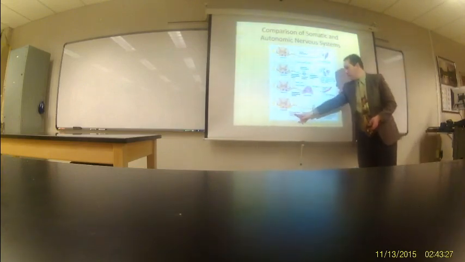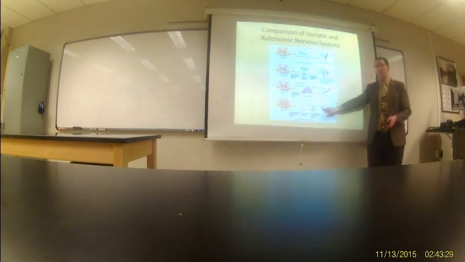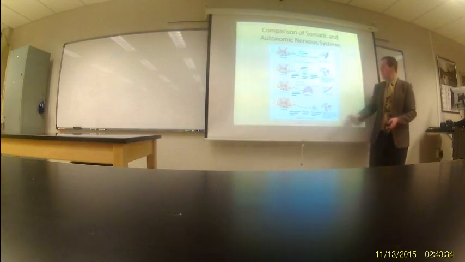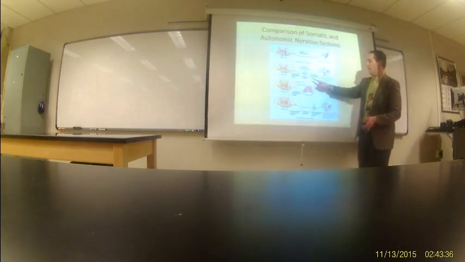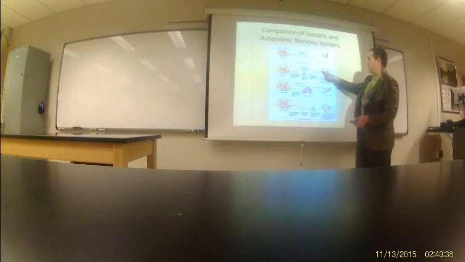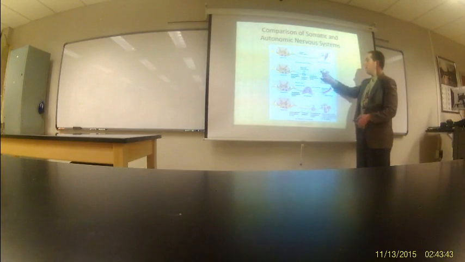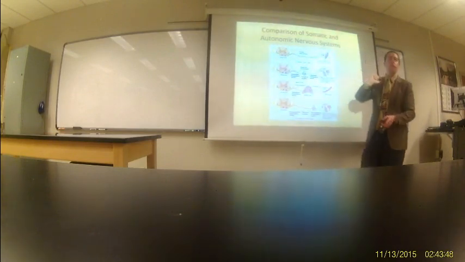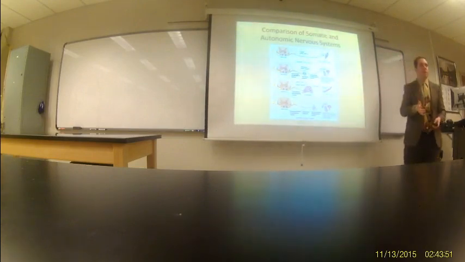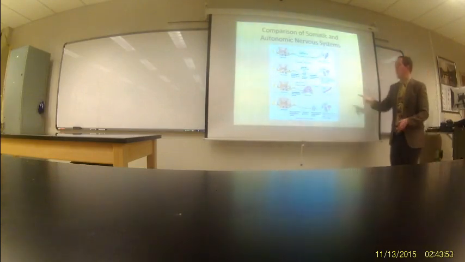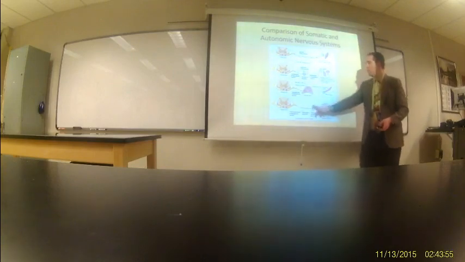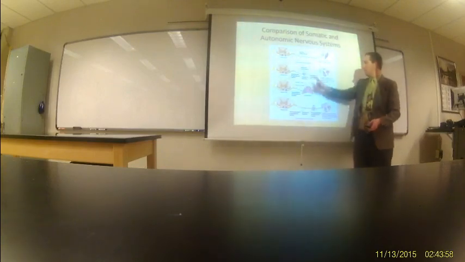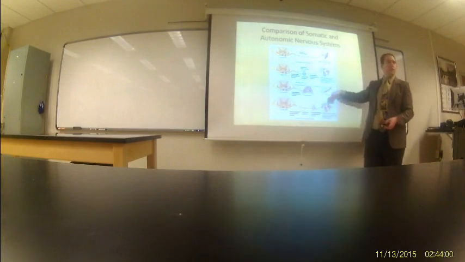In the parasympathetic division, at the end, we use ACH. The oddball out is here. In the sympathetic division, between the postganglionic neuron and the effector, we use norepinephrine. It can also be called noradrenaline. Same thing. Okay? So we have 4 different places, 2 ganglia and 2 effectors.